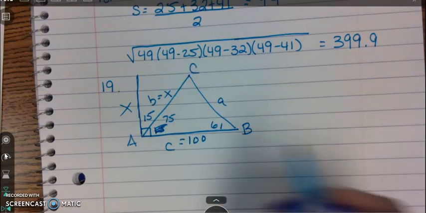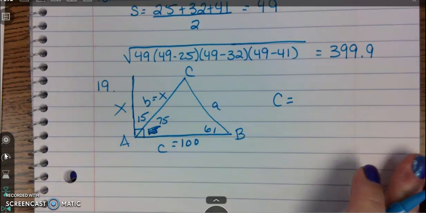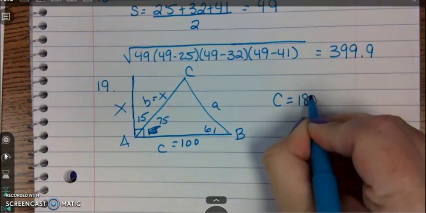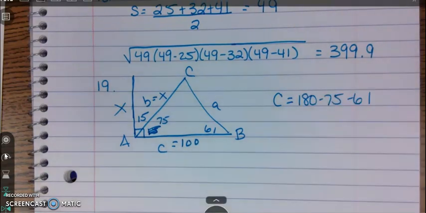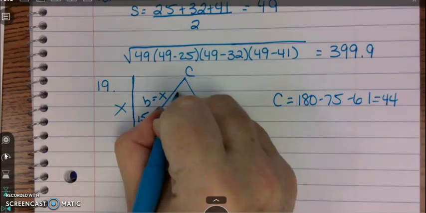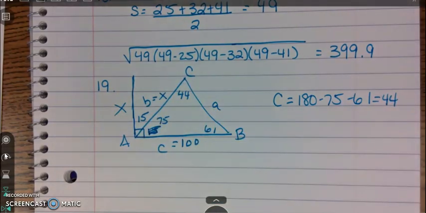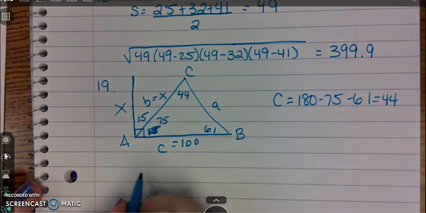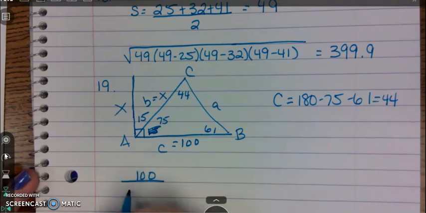So we can find big C quickly. So 180 minus 75 minus 61 is 44. Do I know all the letter? Yes, I do. So this would be 100 over sine of 44.